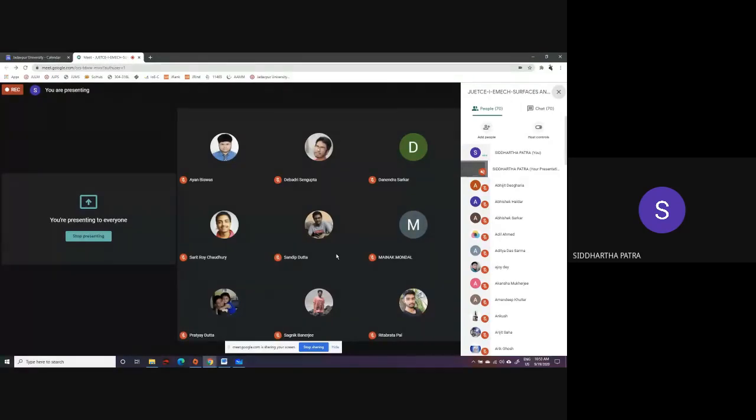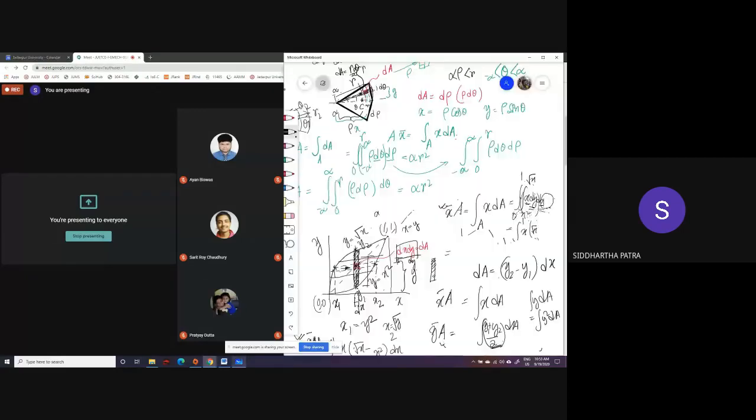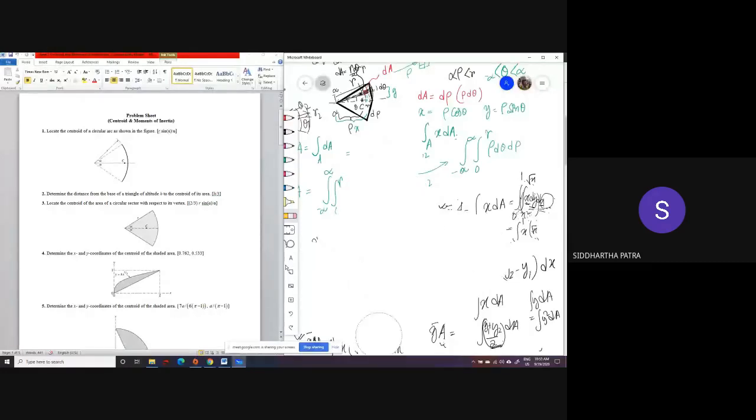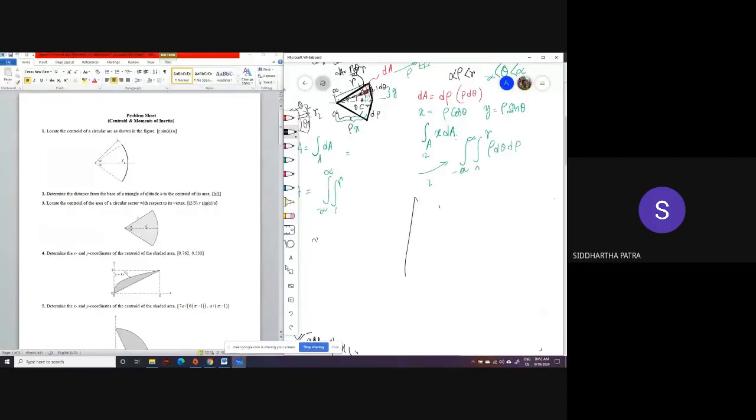What I'm trying to say here is that when you are using Pappus's theorem, it equally applies in giving you a toroidal surface, the surface of a tube.